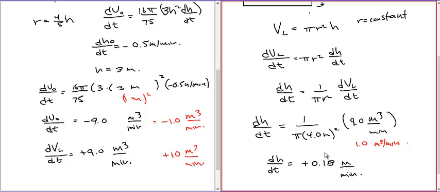If I divide 0.18 by 9, I'll get, for the second part, 0.02 meters per minute. All these other numbers stay the same. Nothing changes. This is 9. So we get 0.02 meters per minute. Okay, so those are the two extra problems.